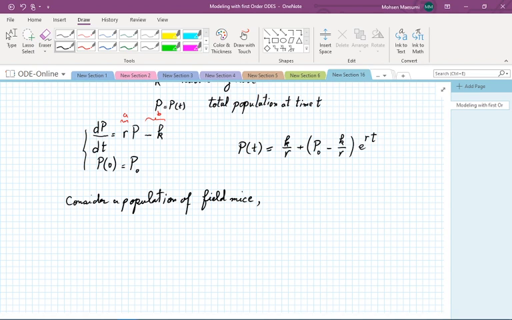The owls are consuming the field mice at, now here's the idealization, a constant rate, as if they had a ration of being allowed to eat only so many mice per day or something. Consider a population of field mice interacting with their predators. Let's consider the owls as their predators in this problem.